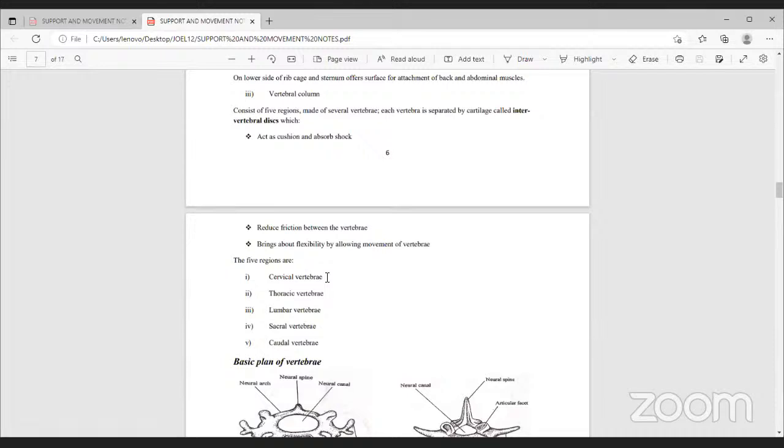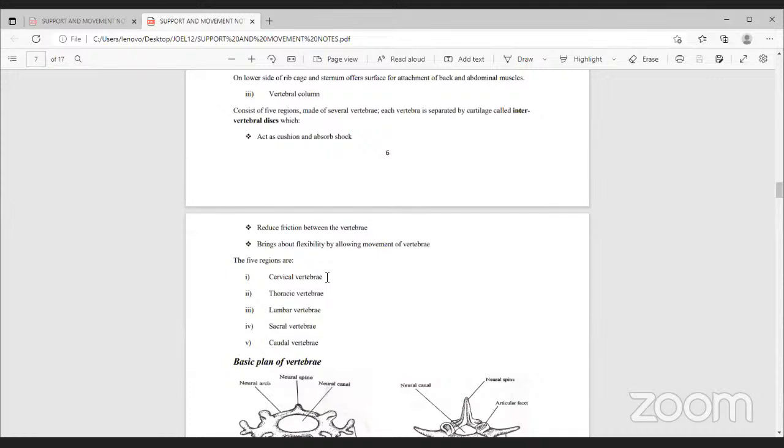That is because, in as much as we are saying that the cervical vertebrae are all the same, you realize that the atlas and the axis, the first 2 bones of the cervical vertebrae, are not the same as the other 5. They have some characteristics that are not visible in the other 5 bones. So we are going to look at them separately.